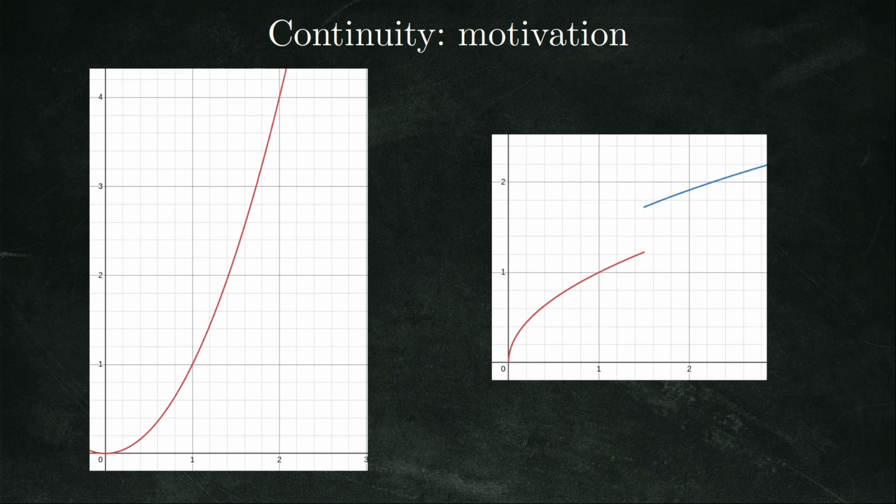And before we look at a mathematical definition of continuity, we're going to look at a couple of motivating examples. So on the left here we have a function that's continuous, and on the right it's not. It's got a jump in it.